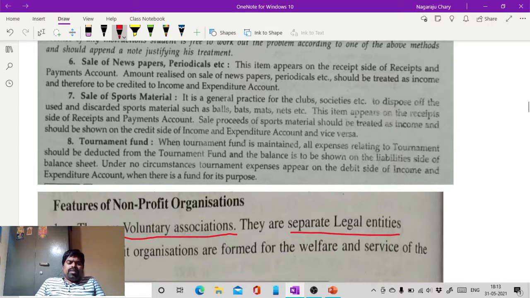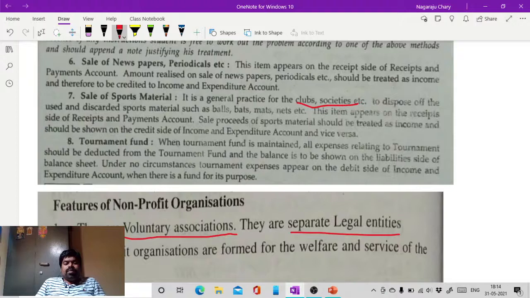Sale of newspapers and periodicals. This item appears in the receipts and payments account because of receipt. Amount realized on newspapers and periodicals should be treated as income and therefore credited to income and expenditure account. Next one, sale of sports material. From where do we get sports material? Sports clubs and societies may purchase material and use it by its members, and later it may be treated as scrap.